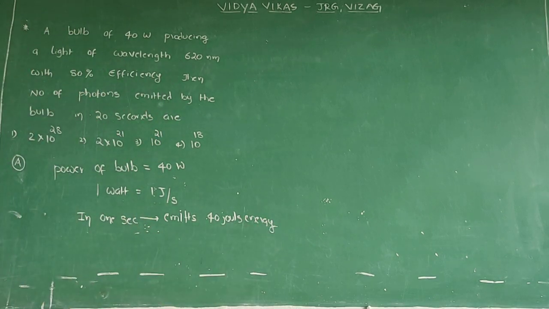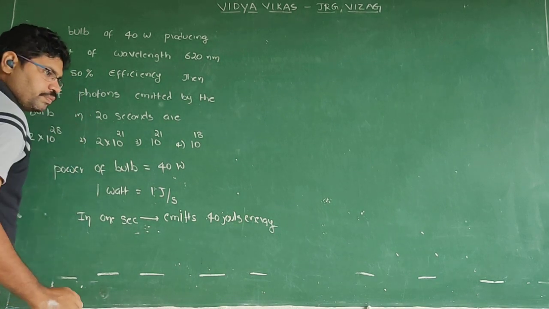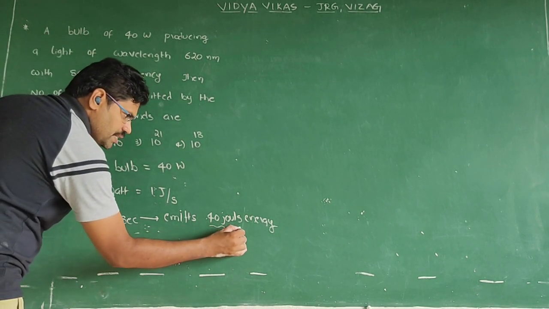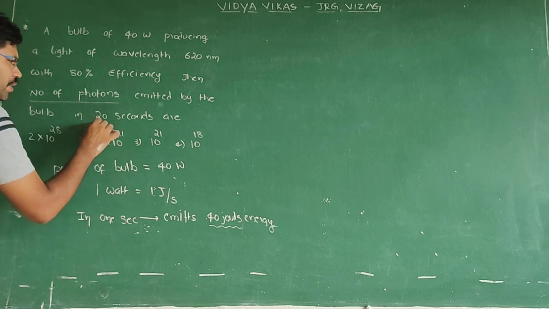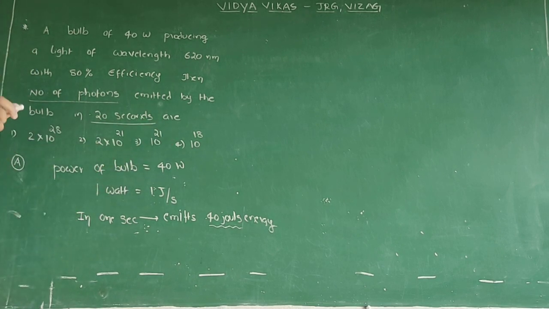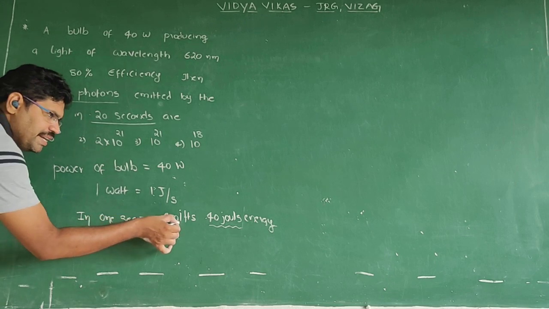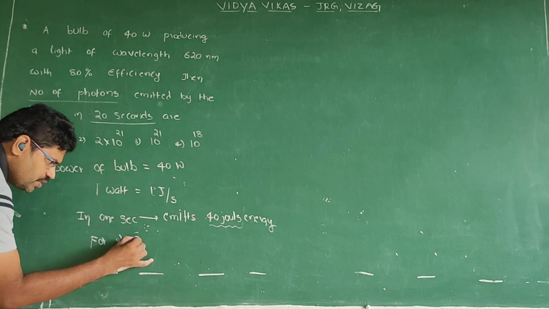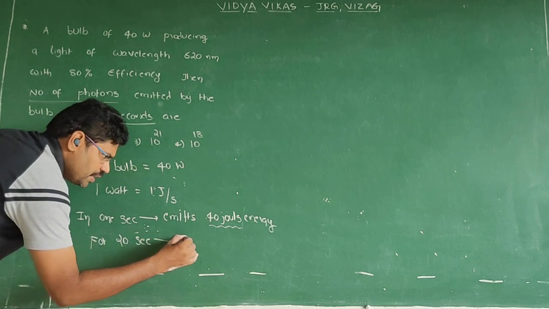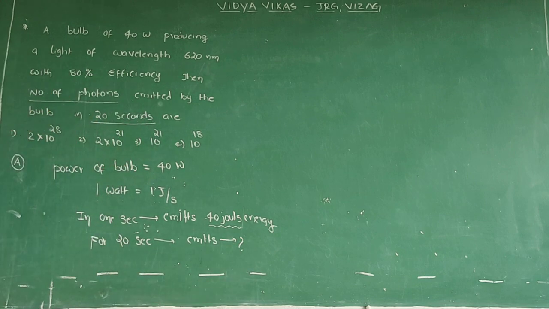So in 1 second, the light coming from the bulb possesses 40 joules. But the question asks us to calculate how many photons are emitted from the bulb in 20 seconds, not per 1 second. What about for 20 seconds, sir?